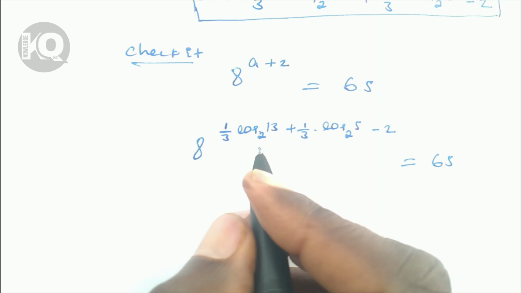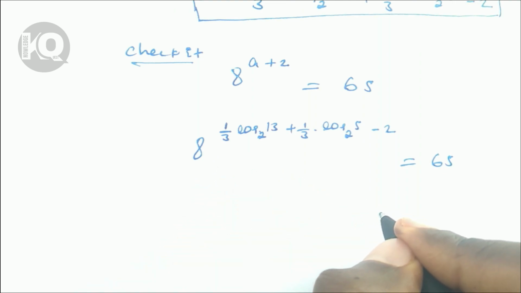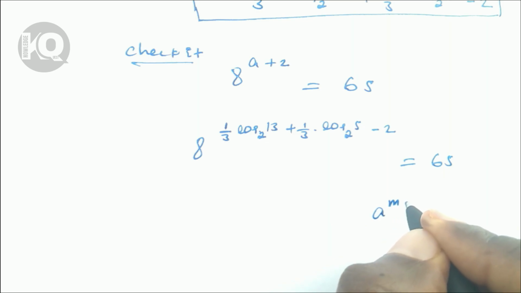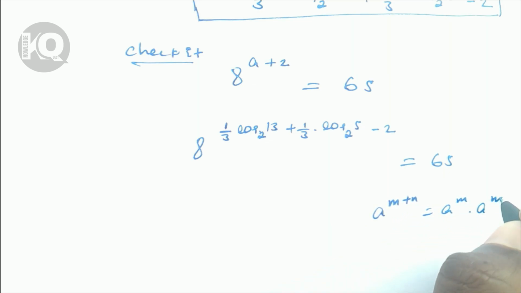Then from the rule, a to the power of m plus n is equal to a to the power of n times a to the power of m.